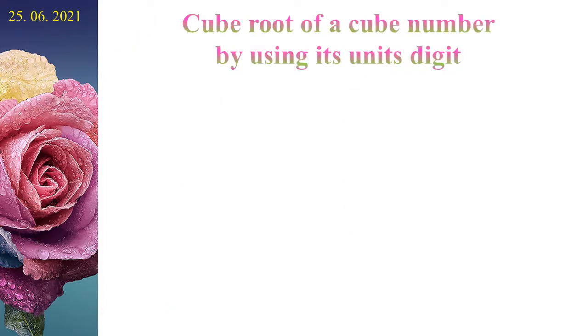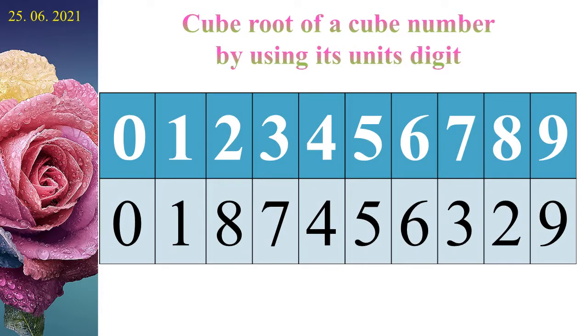Let's see how to find the cube root of a cube number by using its units digit. Observe the following table. By observing the units digit of a cube number, we can find its cube root. If the units digit of a cube number is 0, the units digit of the cube root of the number is also 0.